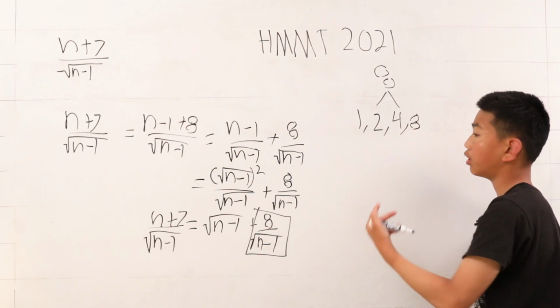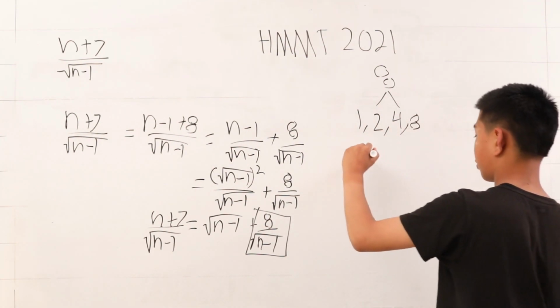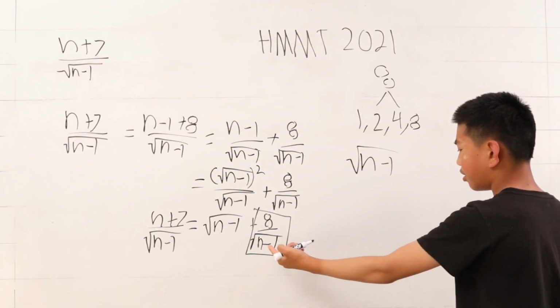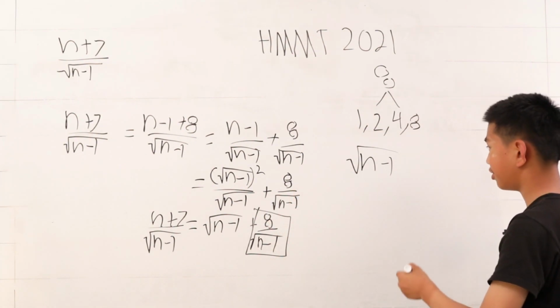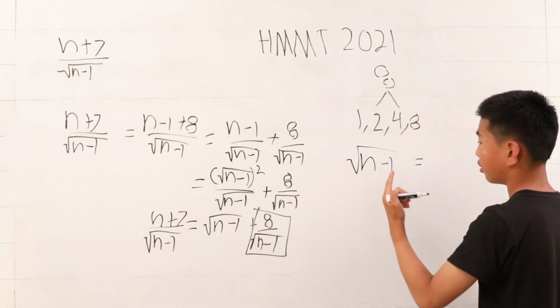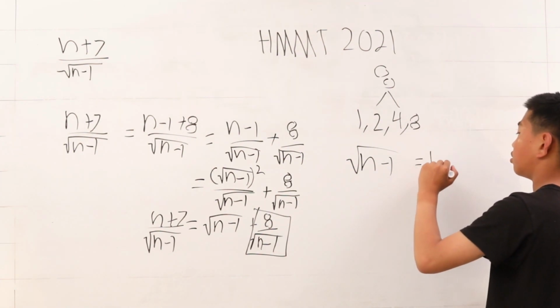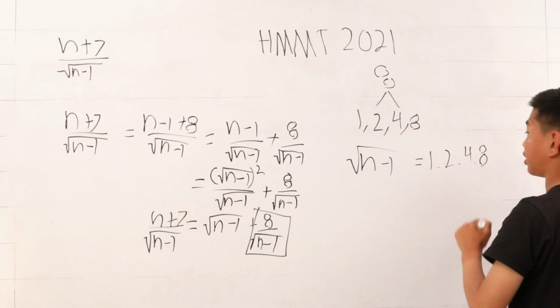Those are the positive numbers that divide 8. Now, the square root of (n - 1) has to be a divisor of 8 since we want integers. So therefore, the square root of (n - 1) is 1, 2, 4, and 8 respectively.